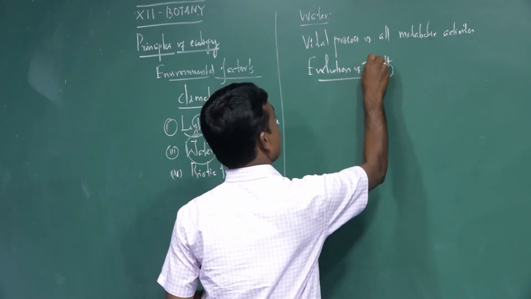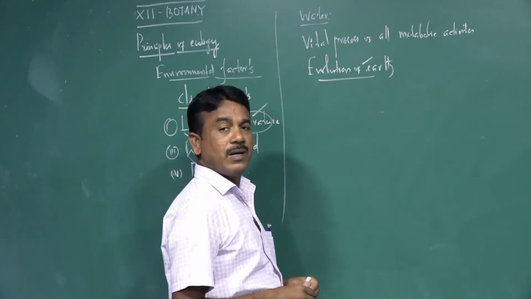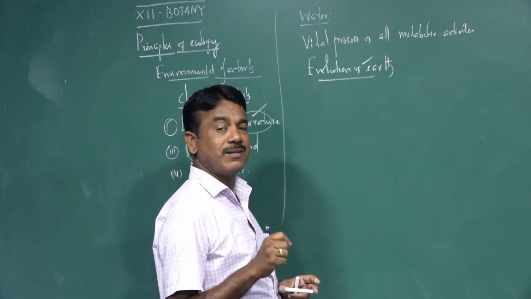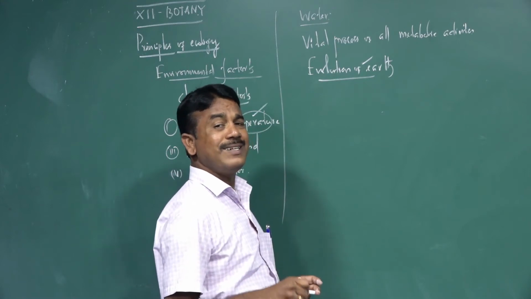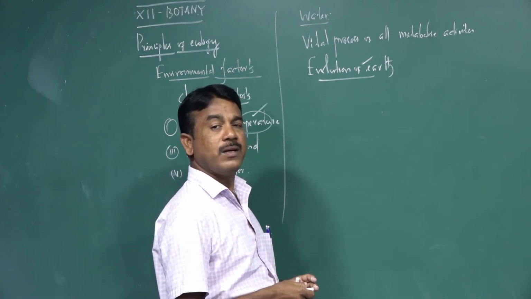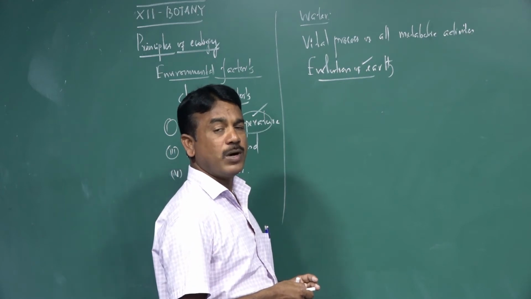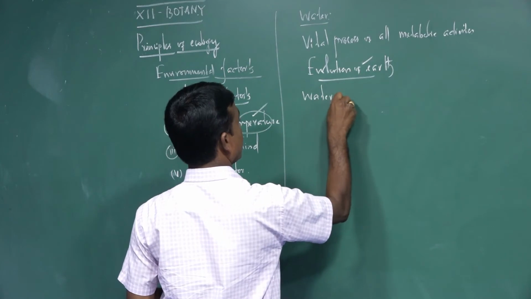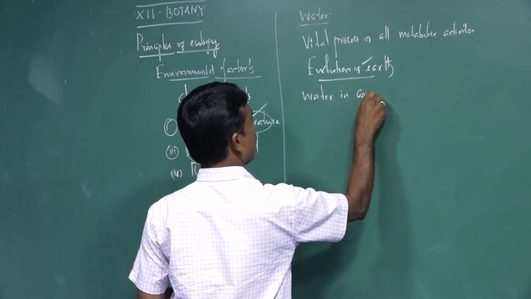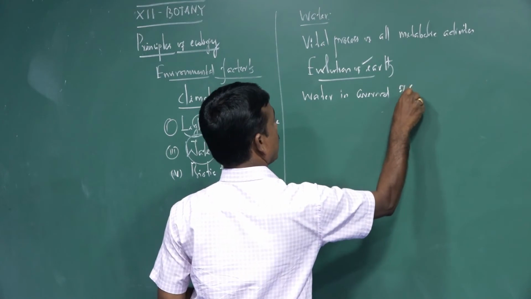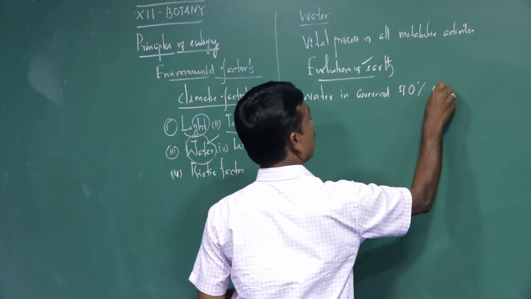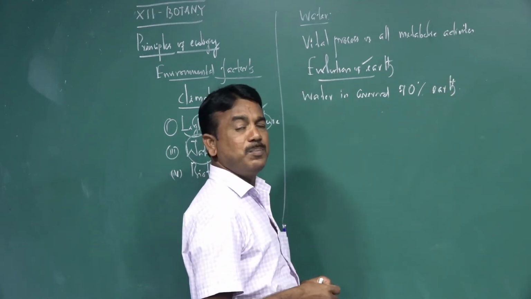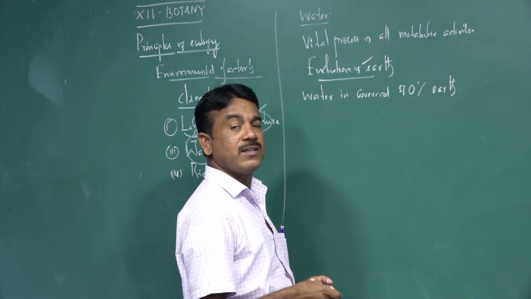So you have to study the evolution of earth: for the survival of all living organisms, or for life to start, water is the basic need. Water covers 70% of the earth, and the remaining 30% is soil.